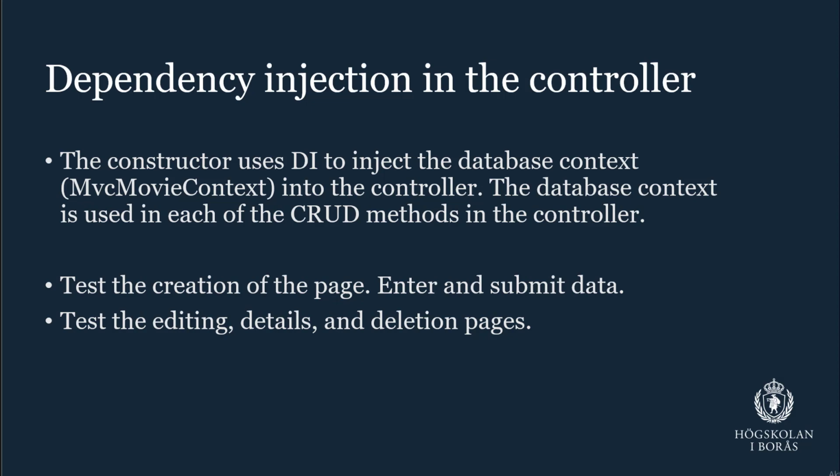You can test the editing, the details, and the deletion pages as well to see how it actually works with the DB context. Preferably, I would recommend that you put a breakpoint inside the application somewhere and follow along as the code progresses, and you can actually see how it all works.